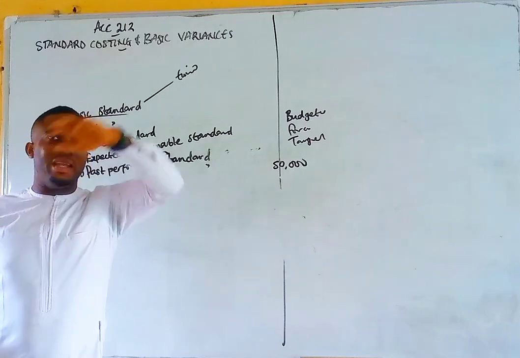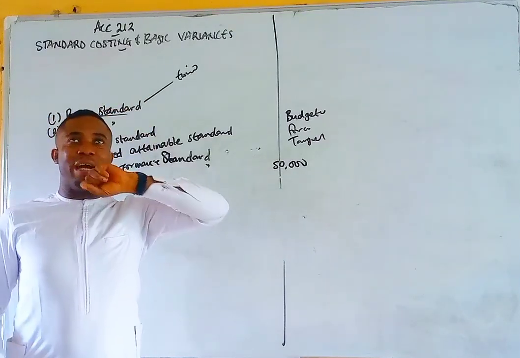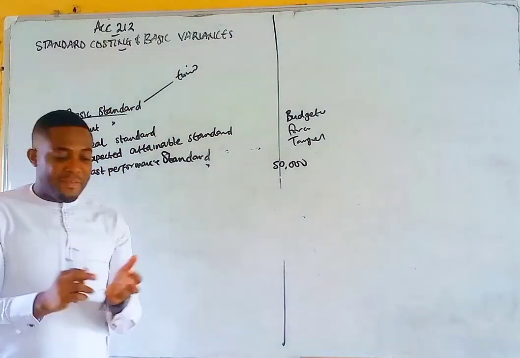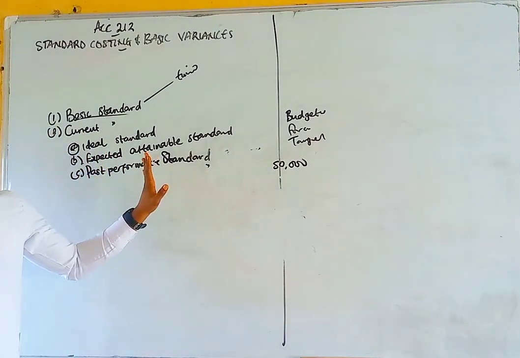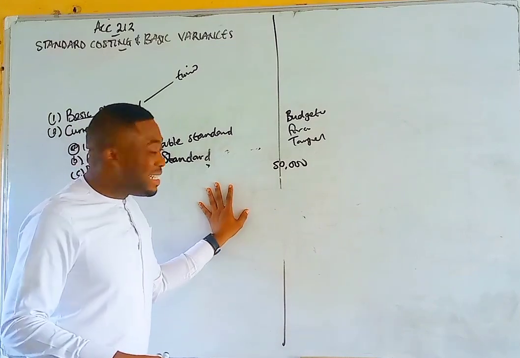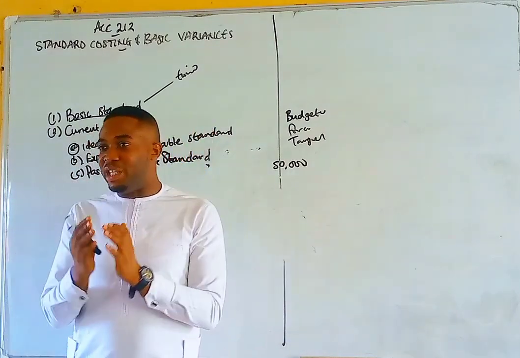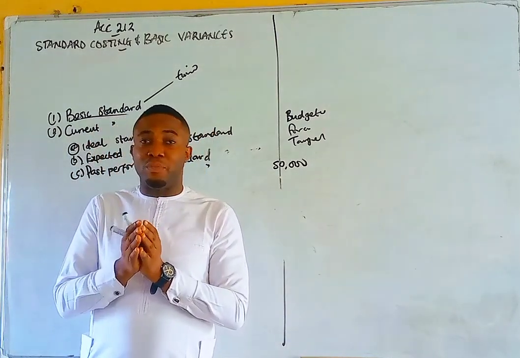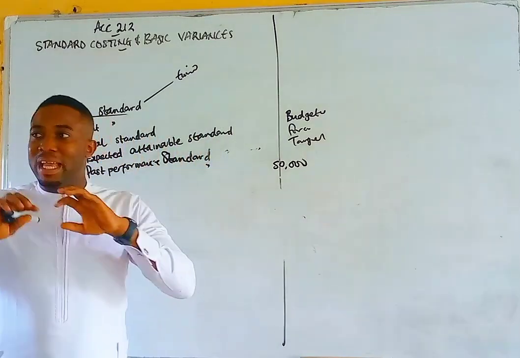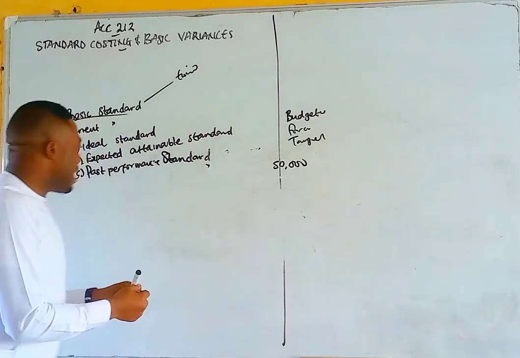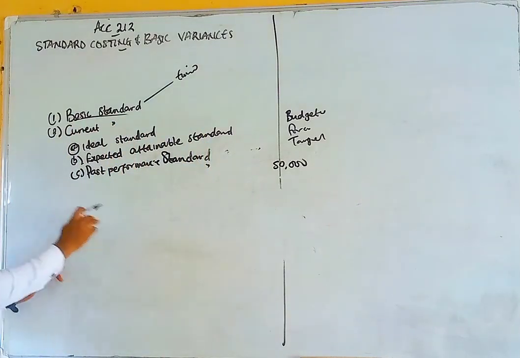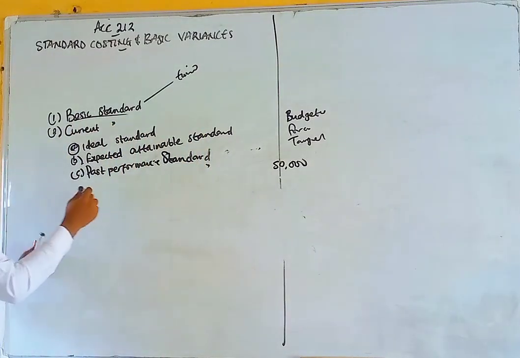How will they determine what will be their cost? Who is involved? Definitely, the cost accountant is involved. We also have the managers and the engineers involved, because we're talking about production. Okay? Because they will take several things into consideration. Now, these are the things they will look at to set their cost.